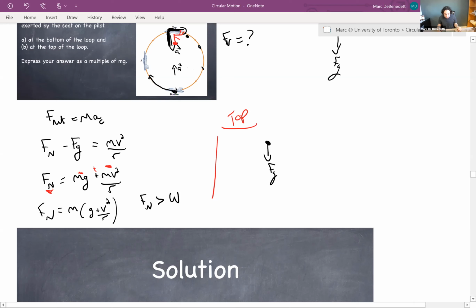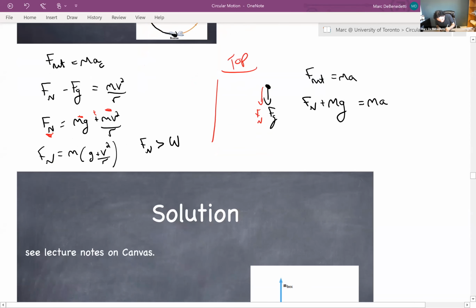That doesn't make any sense. The seat is in fact pushing you down. And now that we have our free body diagram, we simply do F net equals ma again. And my net force here is normal force plus gravity equals ma.